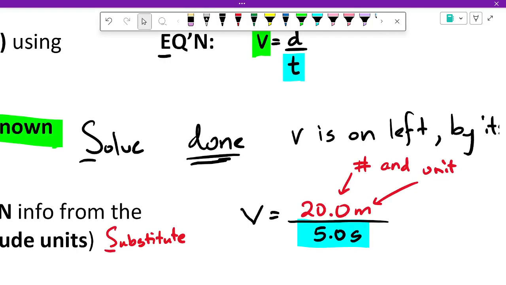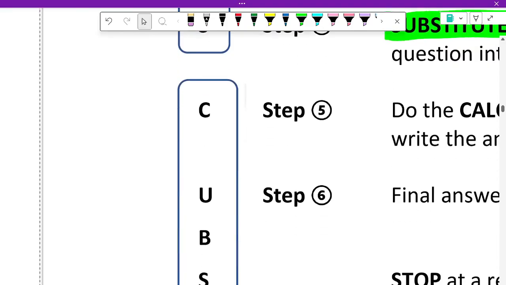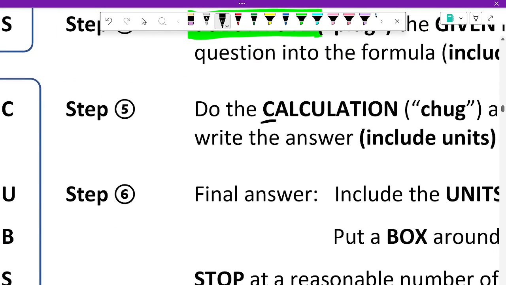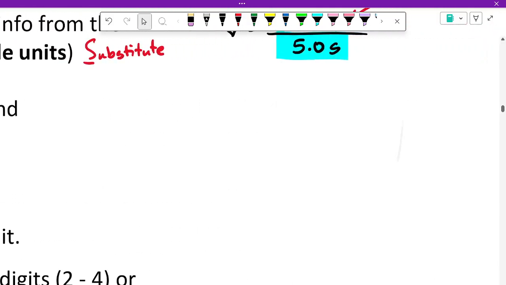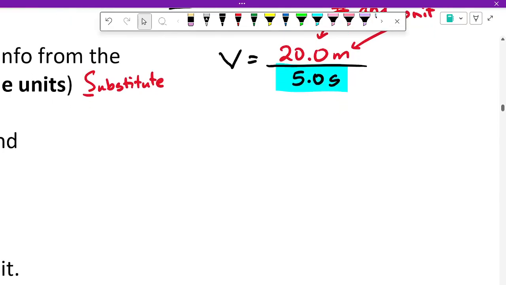G-U-E-S-S. What letter comes next? Who's doing the guessing? The CUBS. And C stands for calculate. So you actually just throw those numbers into your brain or your calculator, depending on which is easier for you.